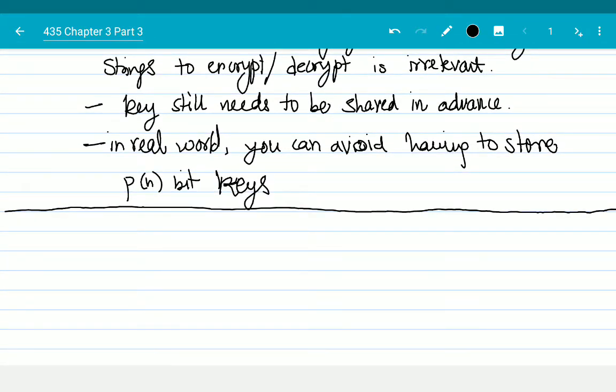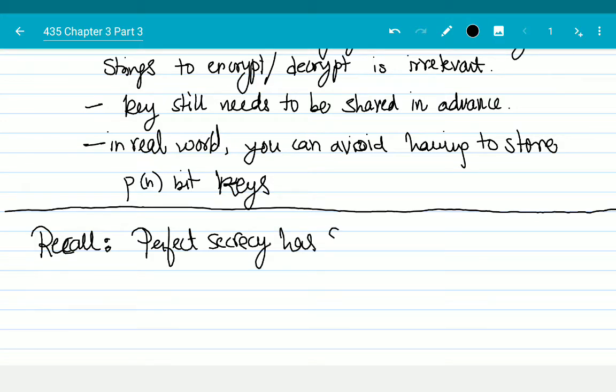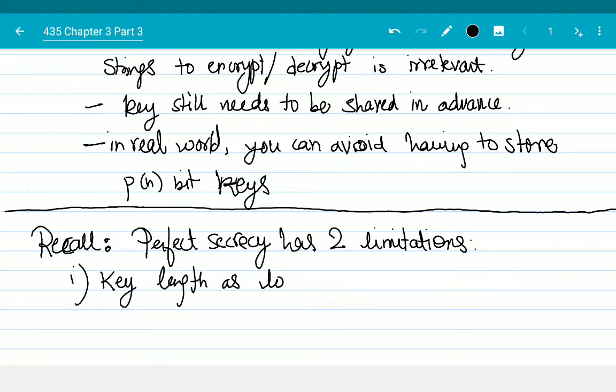Now let us recall something. Perfect secrecy has two limitations. First, key length as long as the message, which we are solving right now.